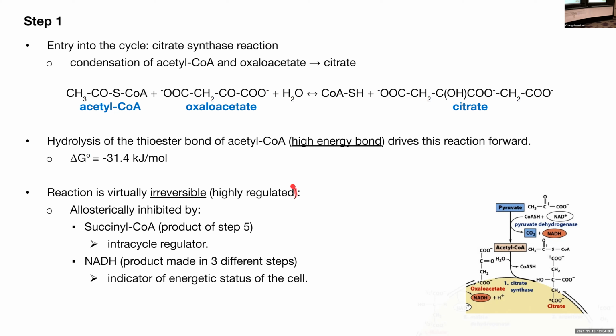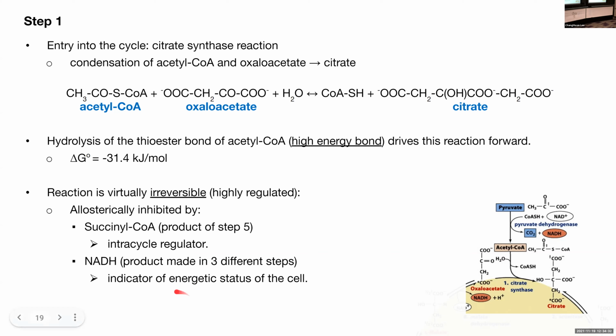The regulations involved are several methods, and it's also allosterically inhibited by succinyl-CoA, which is a product of step 5 of the TCA cycle. Basically, it's an intracyclical regulator that tells you there's a log jam of this molecule, or you have too much of this, so you have to slow down.